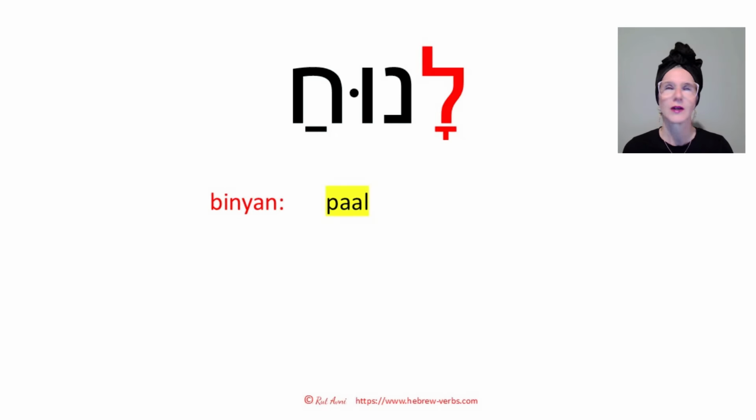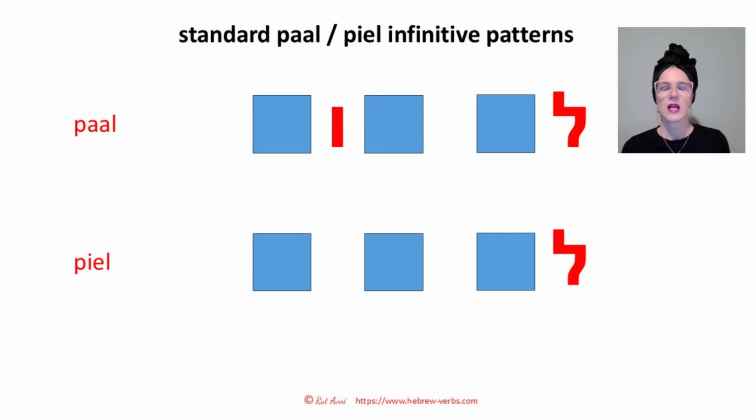Well, please tell us. We don't know why, but we know that it is. And the main point is that you recognize patterns and then you don't need to learn by heart any longer because you understand what you're doing. So again, the overview, there is the Paal infinitive, there is the Piel infinitive.